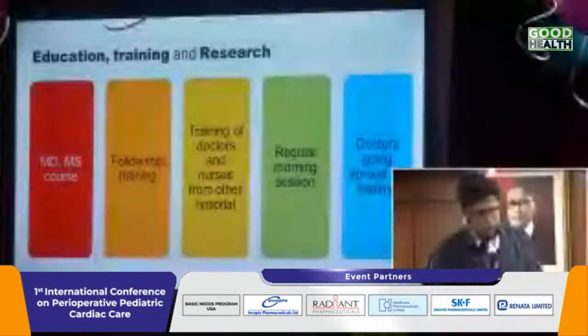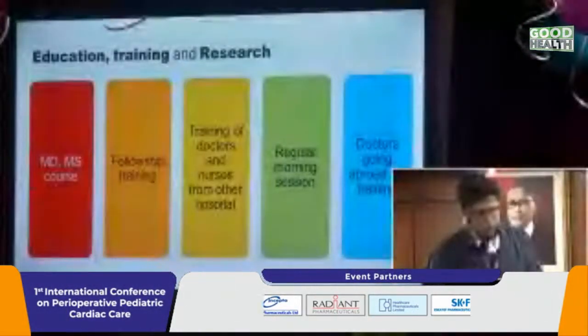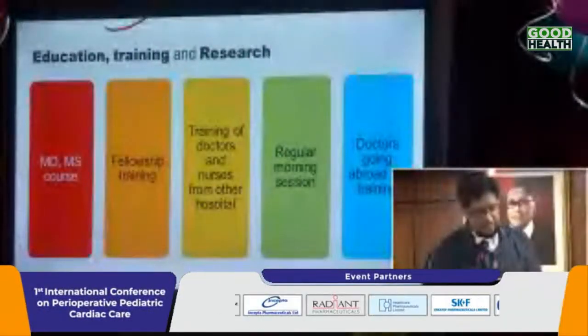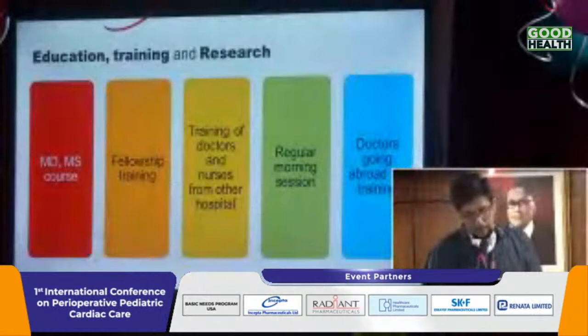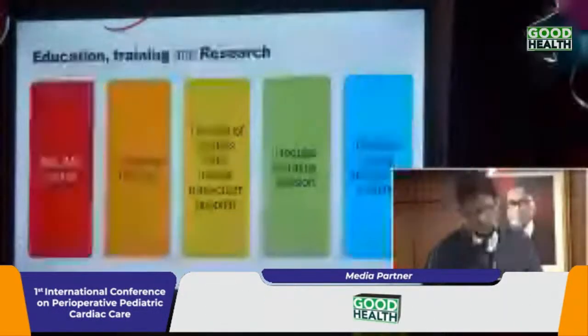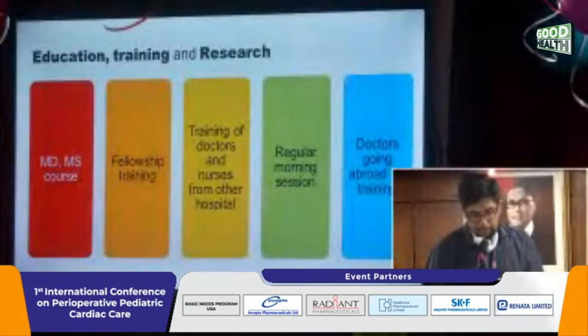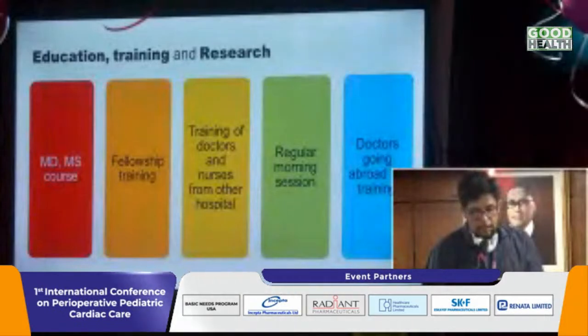In our setup, MD/MS courses, fellowship trainings for doctors and nurses from other hospitals, regular morning sessions, and doctors going abroad for training are routine facilities that our hospital tries to provide.